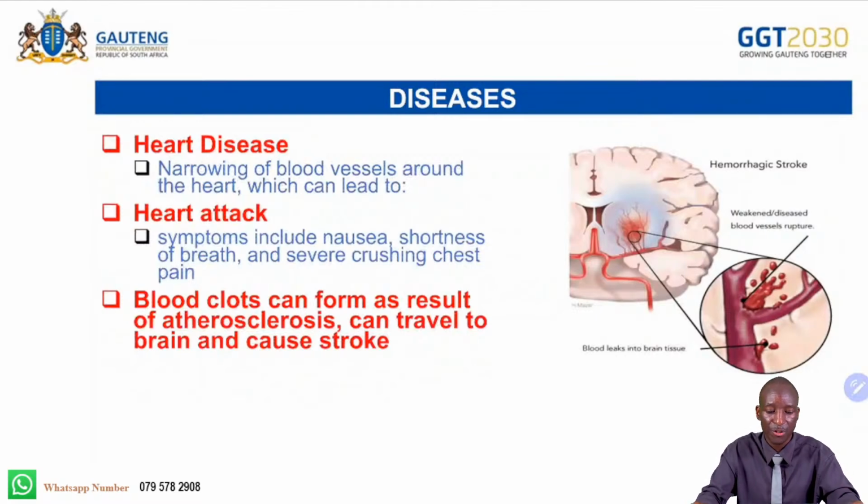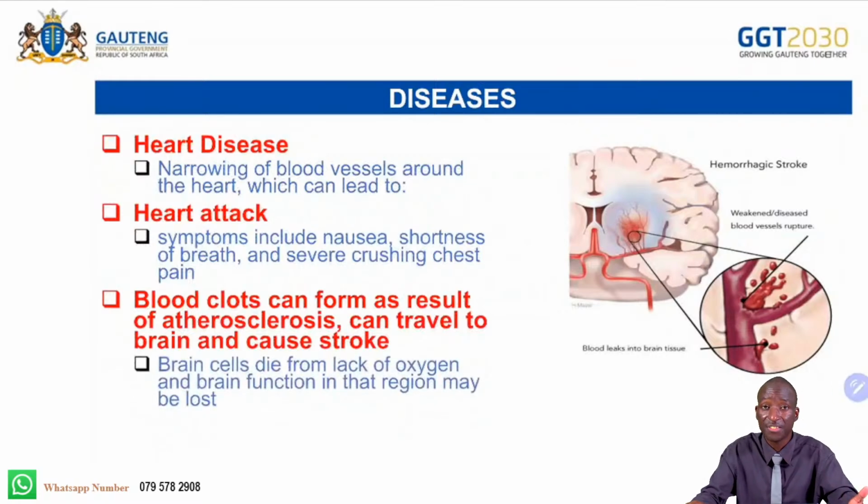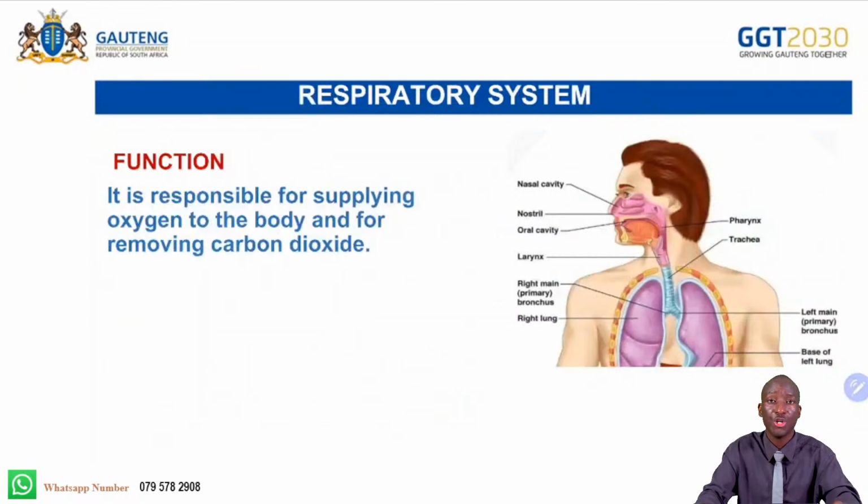They can travel to the brain and cause a stroke. Brain cells die from lack of oxygen, and brain function in that region may be lost. So it's very important to know about your health condition and frequently go for checkups so that you are safe from these heart diseases.